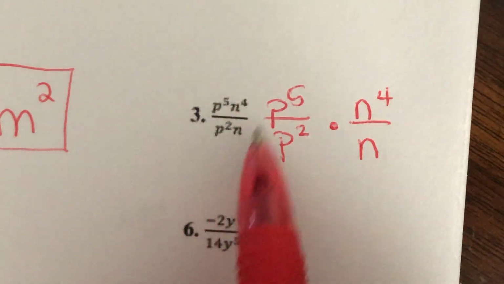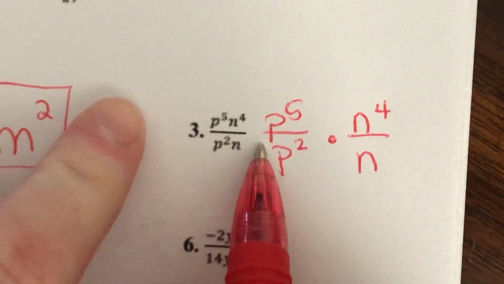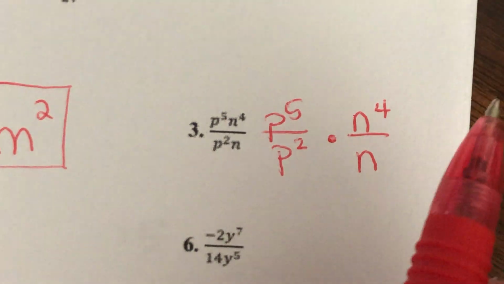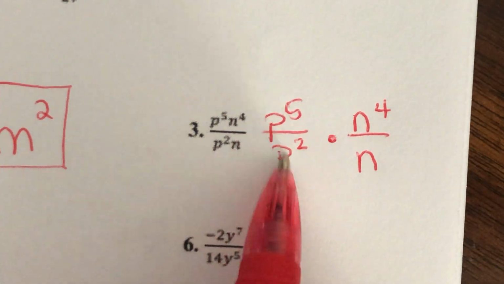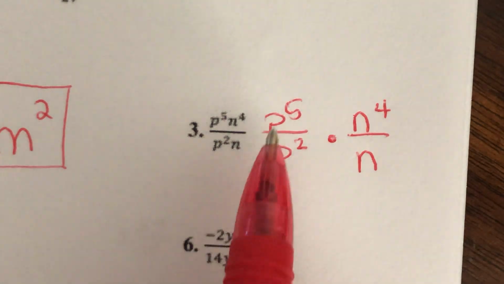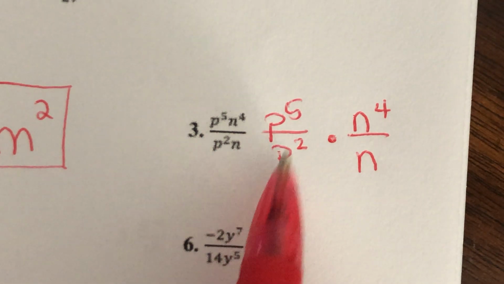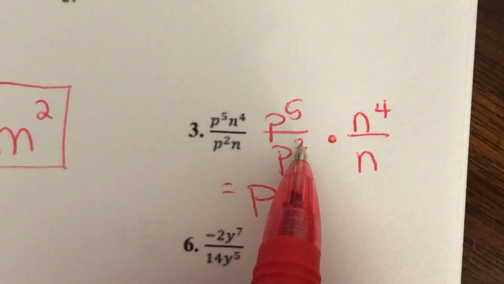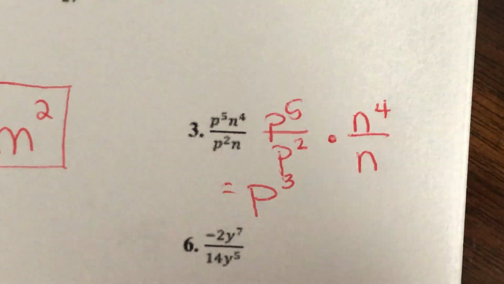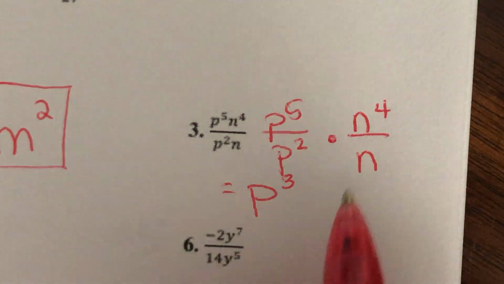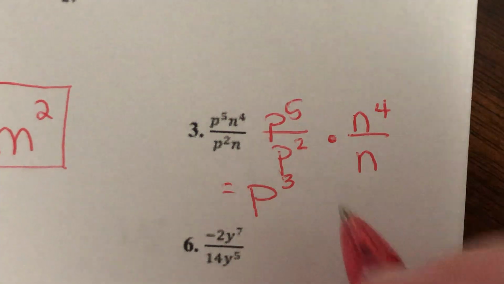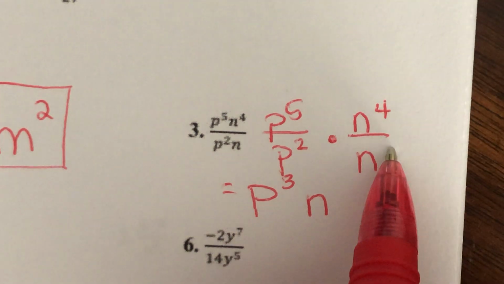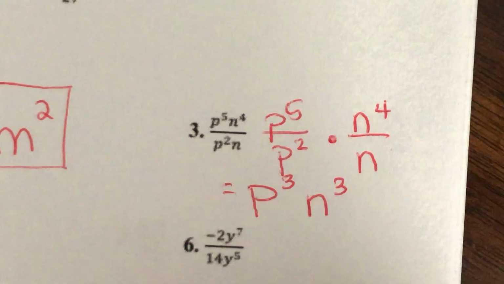This is the same thing as this. I just pulled these apart, right? I multiplied here, I'm multiplying here. It's all the same thing. Okay, so now I can look at this and simplify. So p to the 5th divided by p squared, my base is p, and 5 minus 2 is 3, times n to the 4th divided by n, so my base is n, and 4 minus 1 is 3.